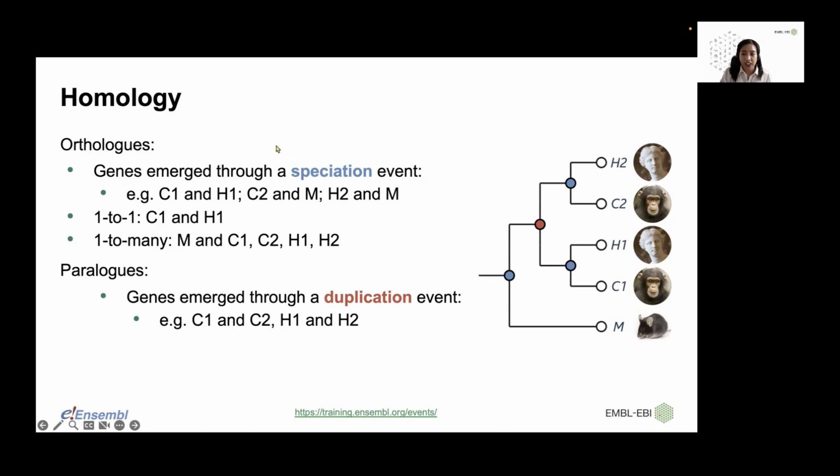Orthologs often keep their function in the course of evolution, whereas paralogs may evolve new functions. So to summarize, homology describes the relationship between genes and the events of how these genes have emerged.